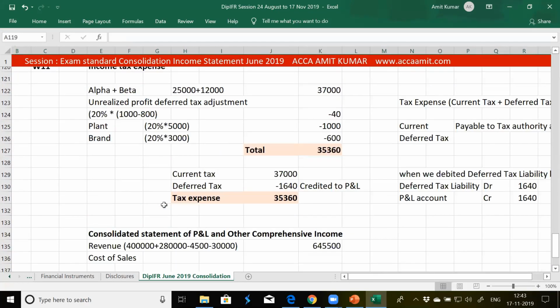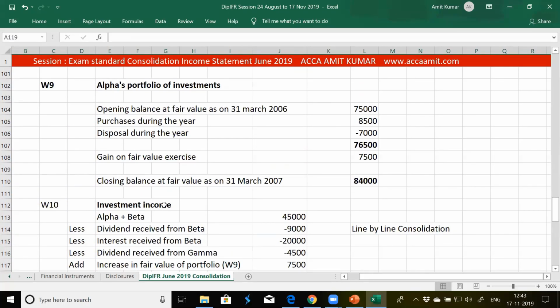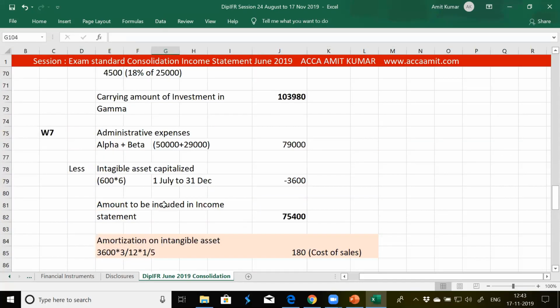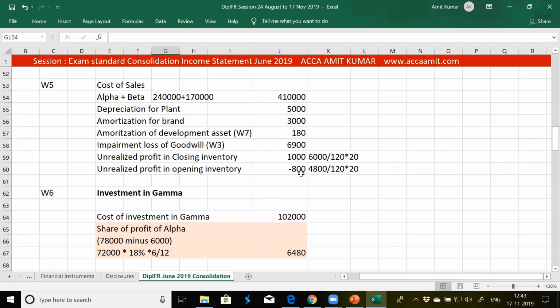So cost of sales figure will equal to now working note number 5. 425,230.